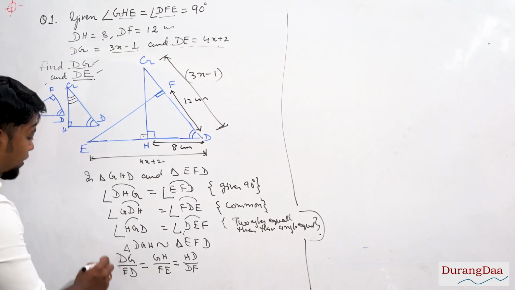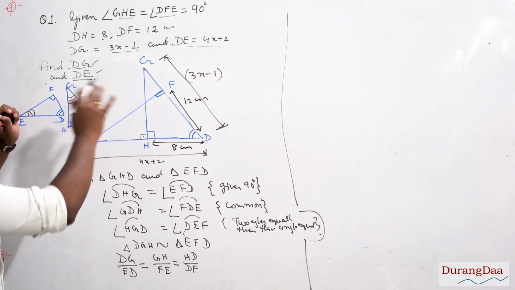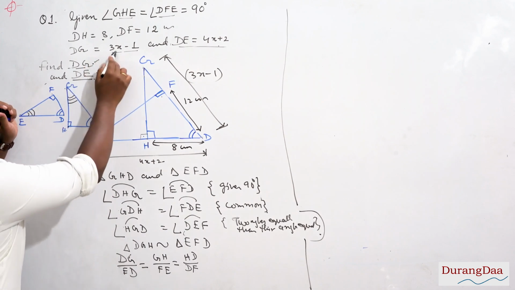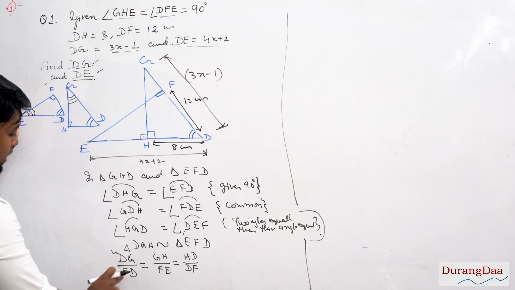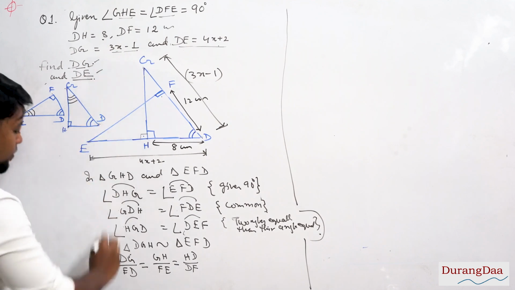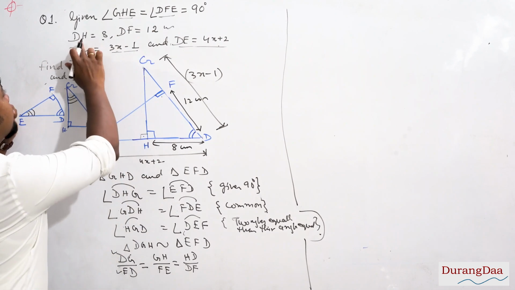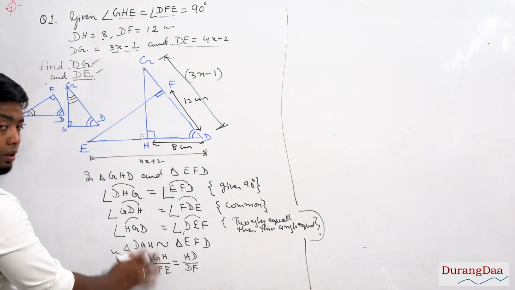In order to do that, you mark the given sides of which the values have been provided. Now you check DG, value of DG is given, just put a tick mark with pencil. Then ED also you have to find. Then GH, nothing has been provided, so we will not mark it.